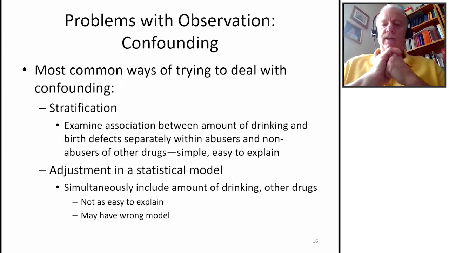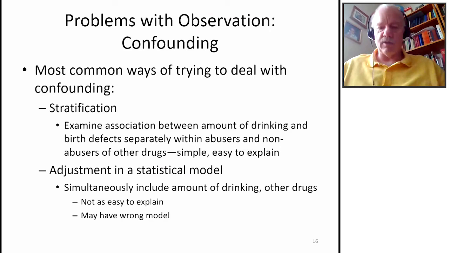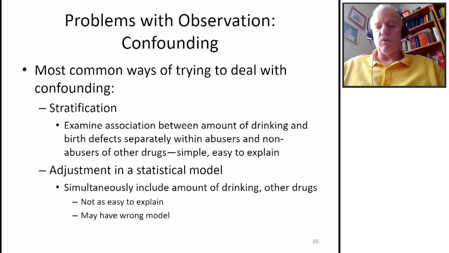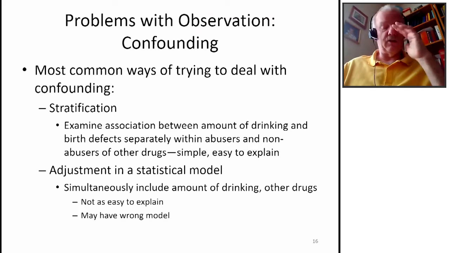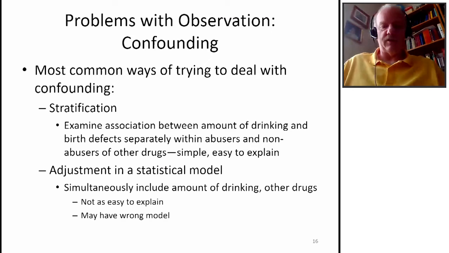One common thing that you can do is called stratification, where you look at the association between, in this case, the amount of drinking and birth defects separately within people who abuse other drugs, and within people who don't abuse other drugs. Of course, you'll never know for sure whether they abuse other drugs or not. But that's one way to try and look at things.